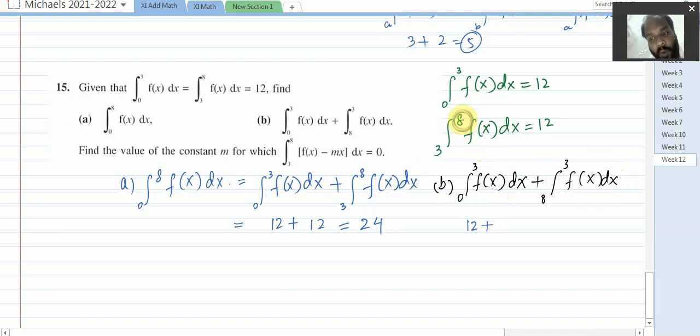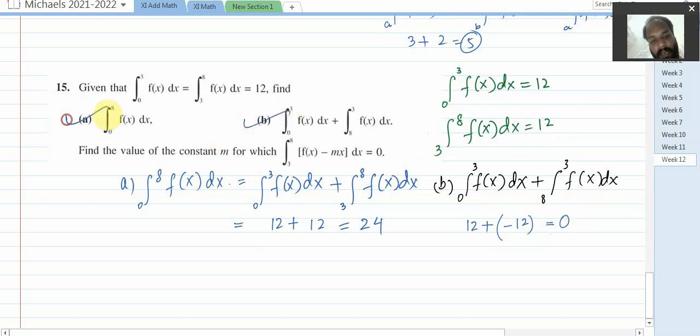If you observe here, the limits are swapped. The lower limit is now the higher limit, and the higher limit is now the lower limit. So if these two are changed, that means there is a negative sign. So now it is equal to minus 12, and 12 minus 12 leads to 0. So that is your part B answer.